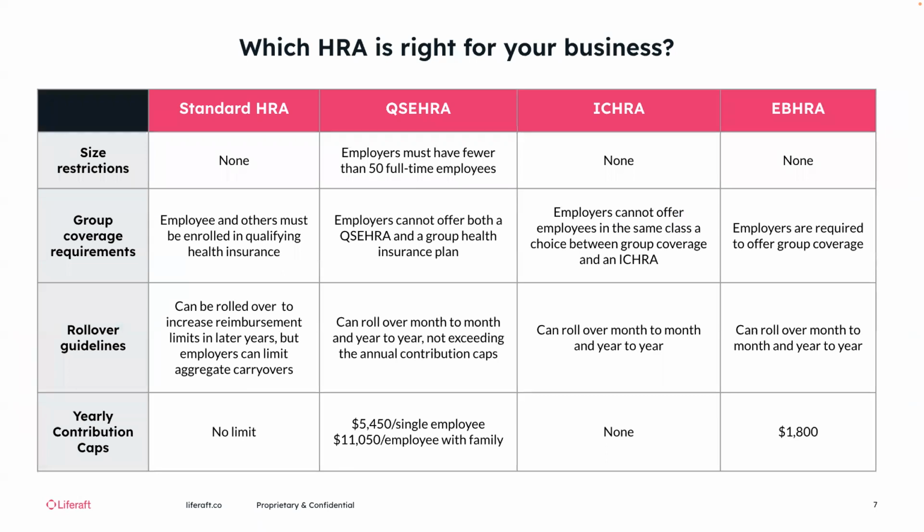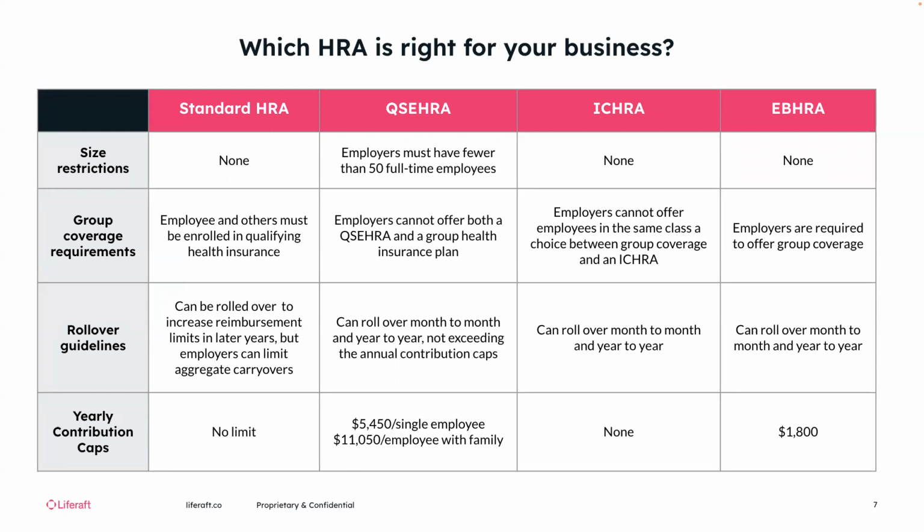So I'm sure one of the big questions is, what kind of HRA would even be right for our business? These are the details on whether or not you have to have group coverage, and whether it can be offered alongside group coverage.